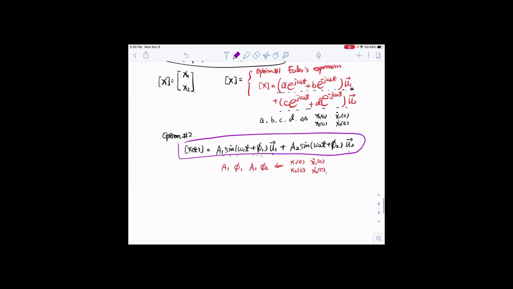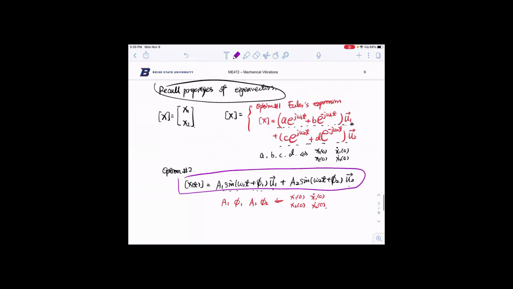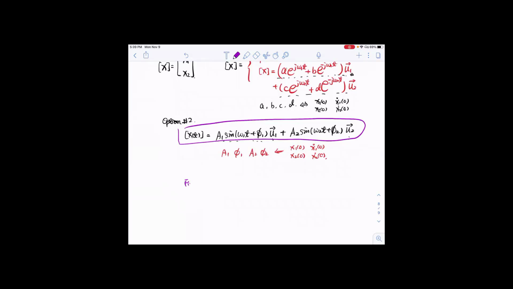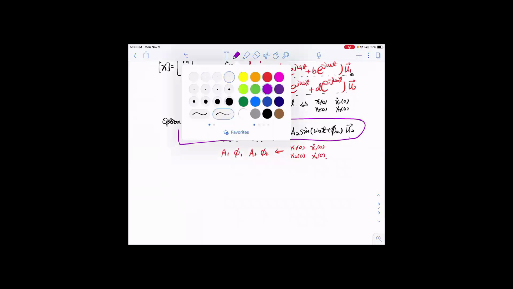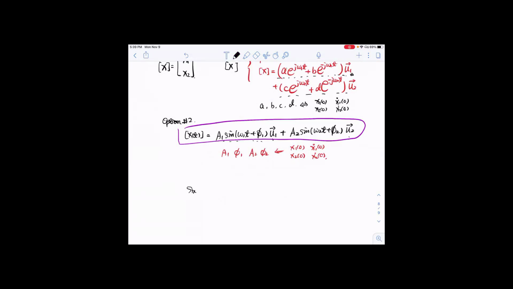So that's for a second order system. If you recall, a single DOF system from lecture 2, the solution is no longer a vector, it is a scalar.